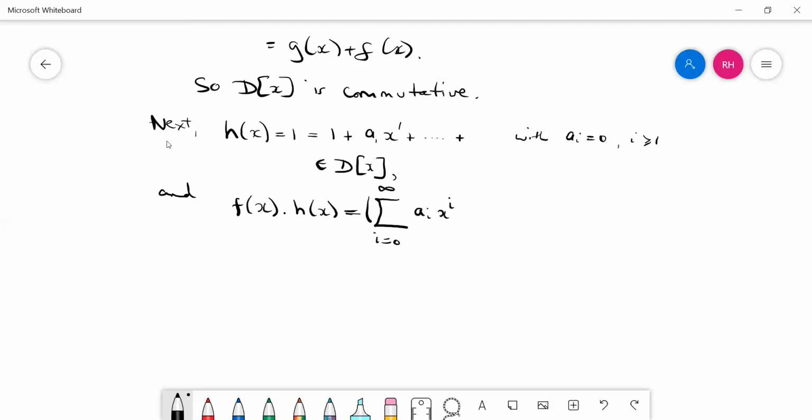We could multiply that times 1, and that equals 1 times this, which equals h(x).